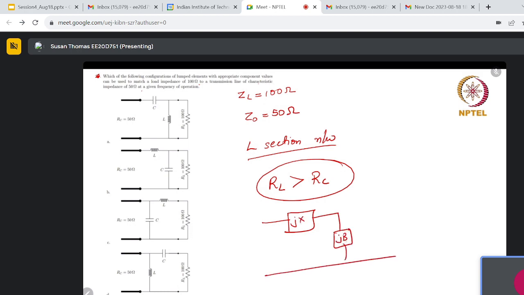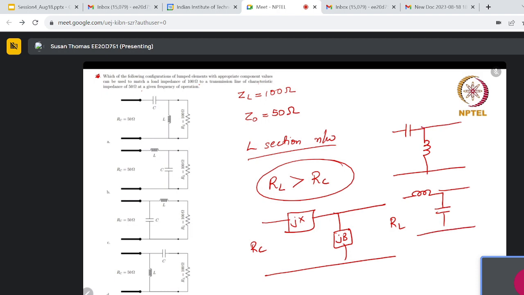This should be the L section network to be used. So it could be CL or it could be LC. These are the two options. So option A and B are possible options. I hope this is clear.